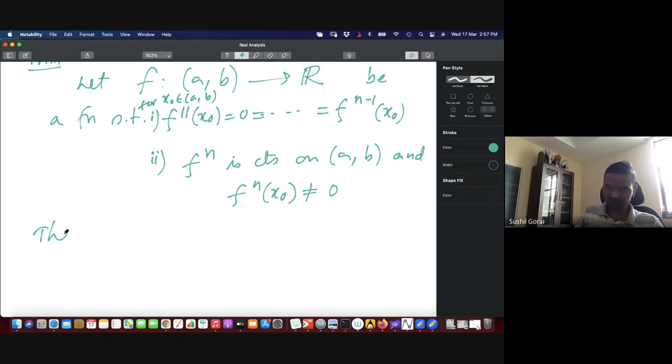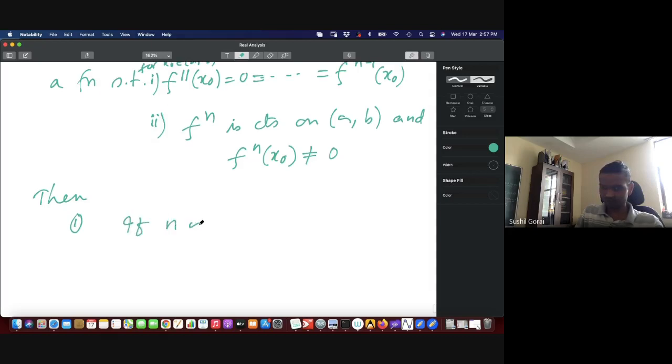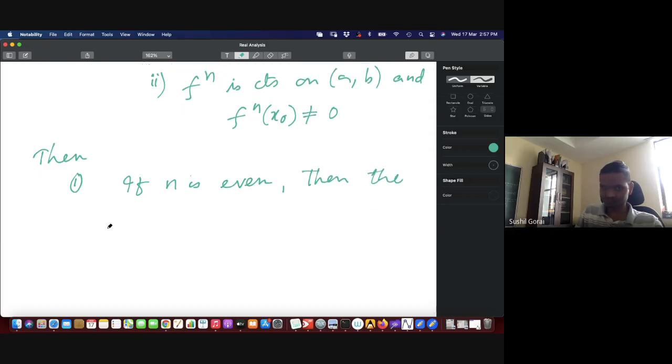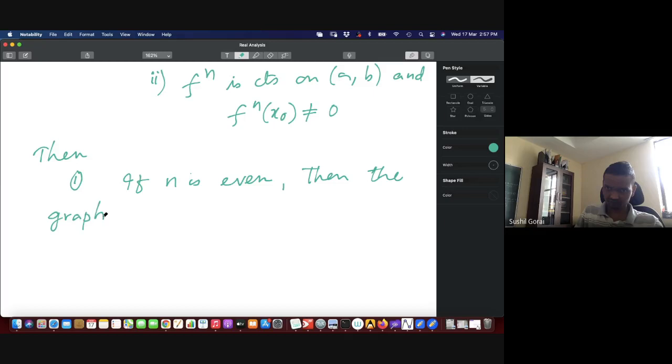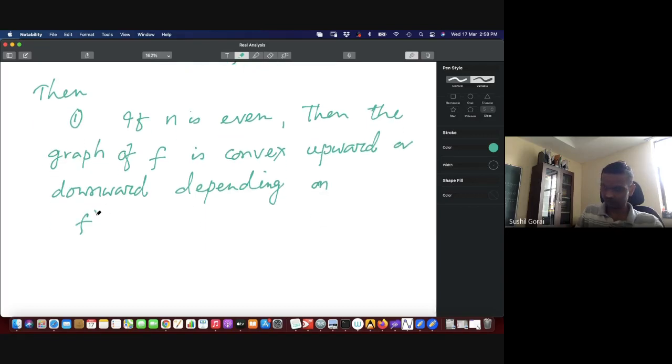Then, one, if n is even, then the graph of f is convex upward or downward, depending on f^(n)(x naught) greater than 0 or less than 0.